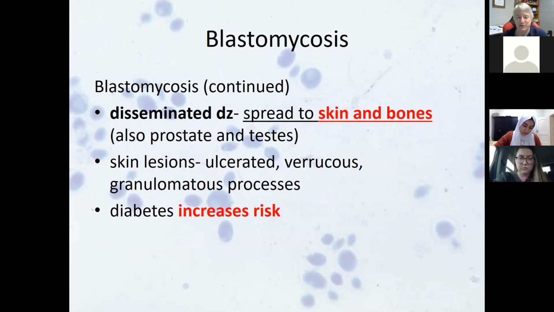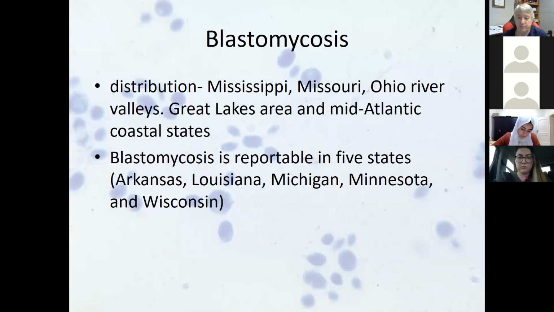Skin lesions, ulcerative, verrucous, granulomatous processes. Diabetics have increased risk of disseminating the disease. Distribution, wheelhouse again: Mississippi, Missouri, Ohio river valleys, Great Lakes area, Mid-Atlantic coastal states. It is a reportable infection for 5 states: Arkansas, Louisiana, Michigan, Minnesota, and Wisconsin. So if you diagnose blastomycosis, you have to report it to the health department.